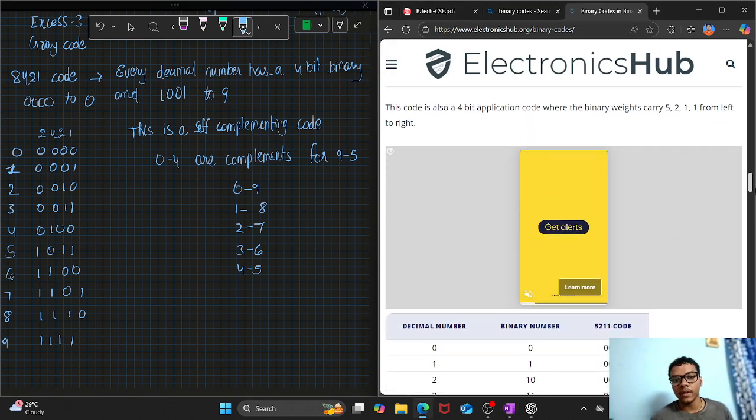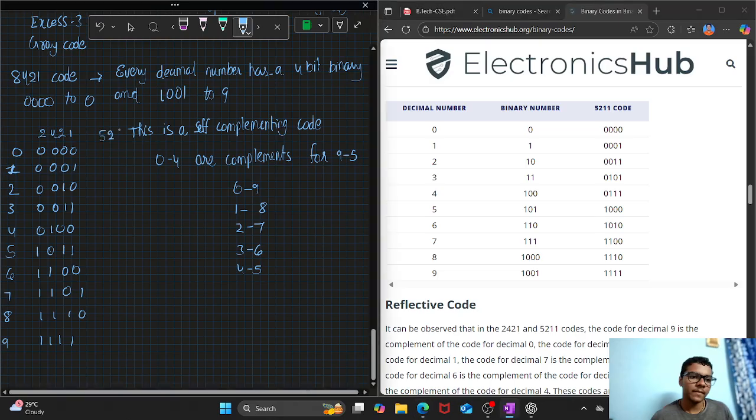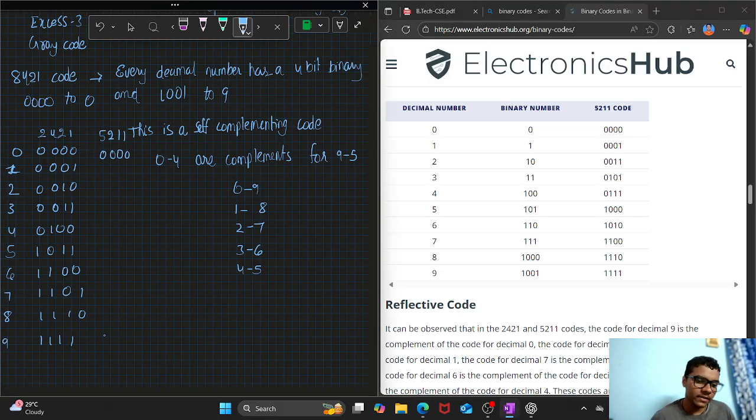And 5211. Is this also a self-complementing code? Yes, it is. So 0000, and just write the complement here. 1111, and 0001, and that is 1110.